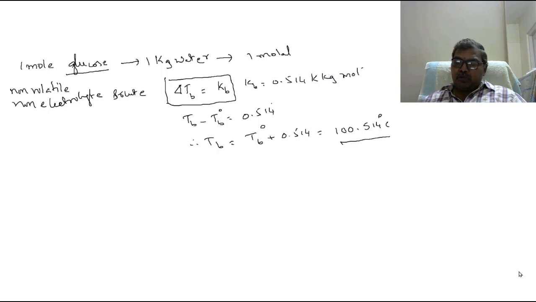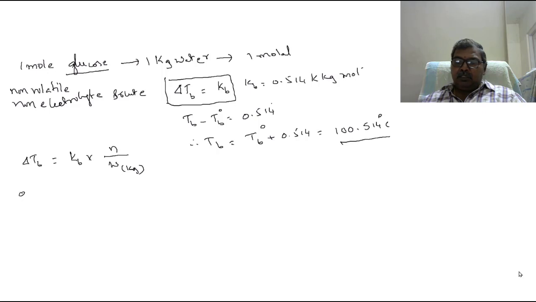Suppose if the molecular weight of glucose is not known to you, then delta Tb is equal to Kb into number of moles of solute by weight of solvent in kg.